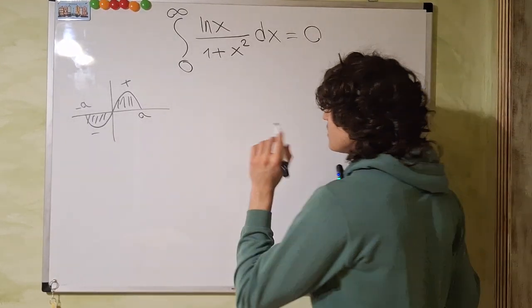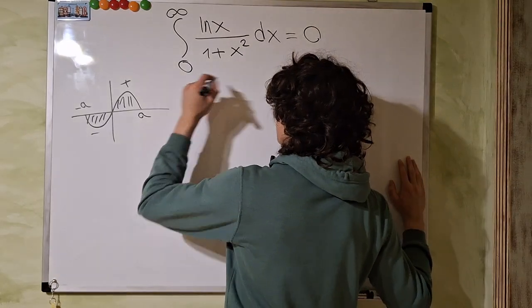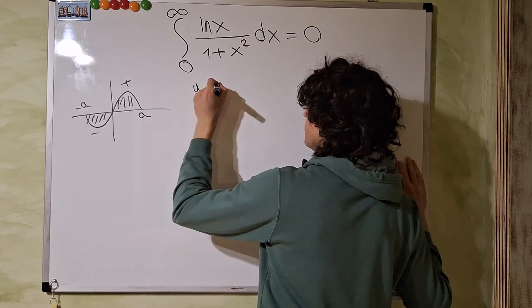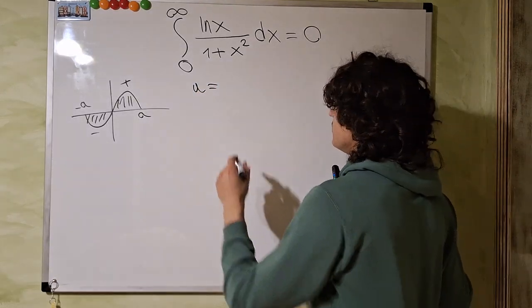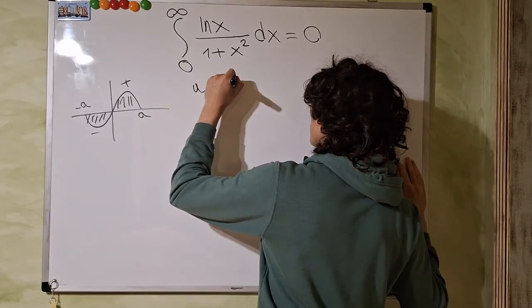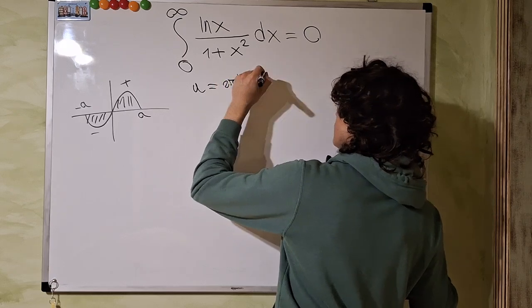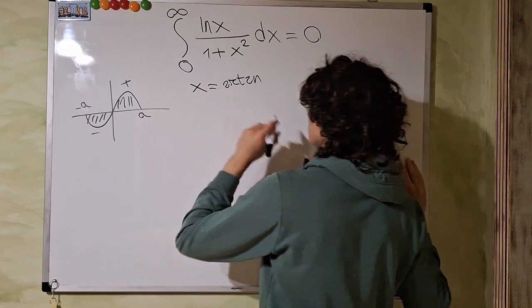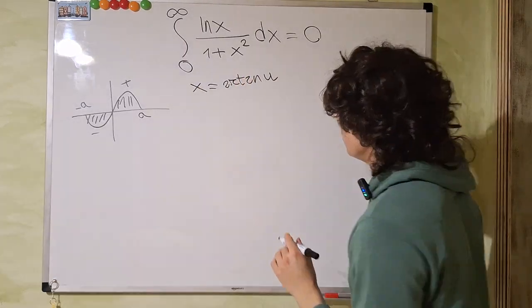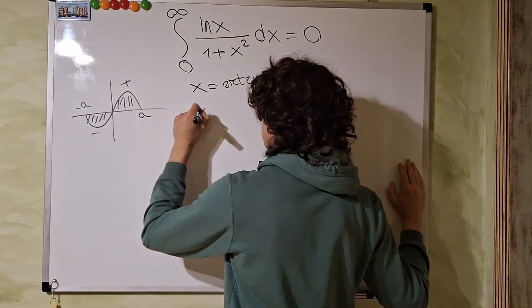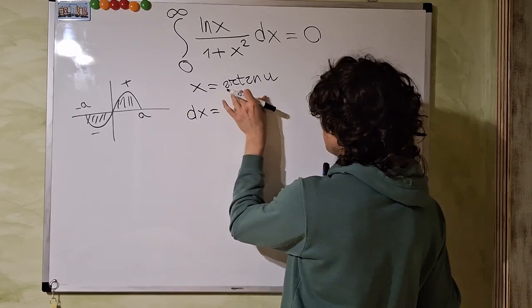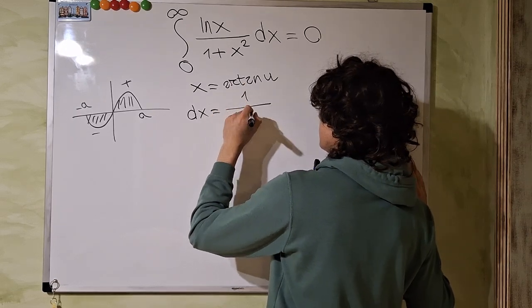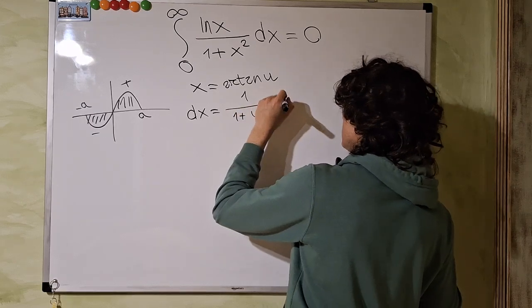So the first thing I'm doing is a little u sub. So u equals the arctangent of x, x equals the tangent of u. And we all know that dx is going to be the derivative of this with respect to u. It's 1 over 1 plus u squared du.